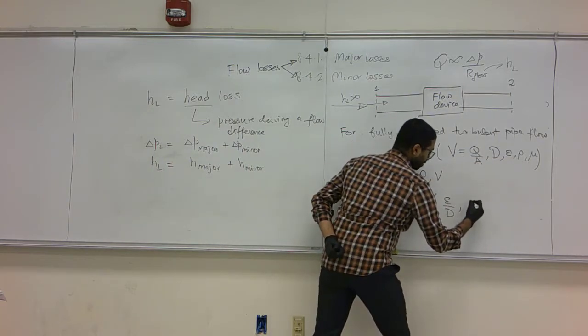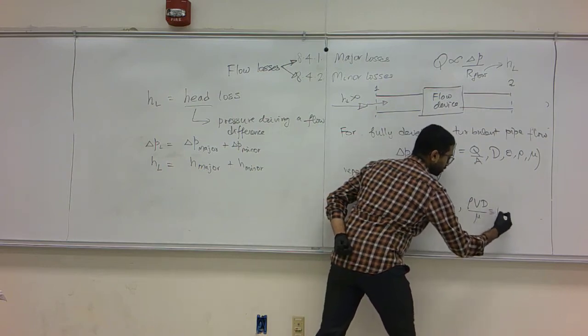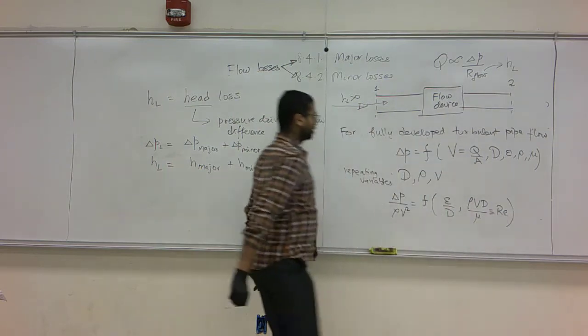I have rho v d over mu, which is what we refer to as the Reynolds number.